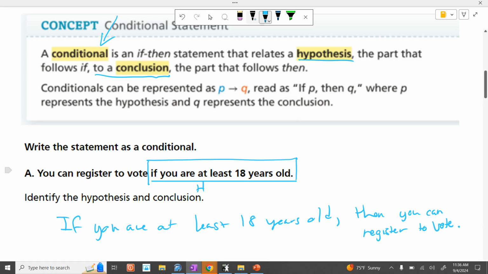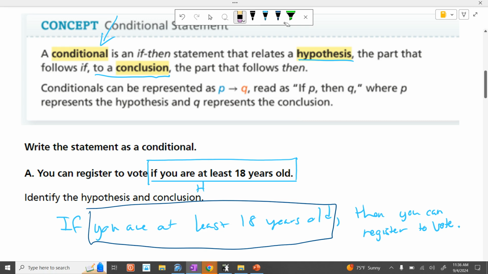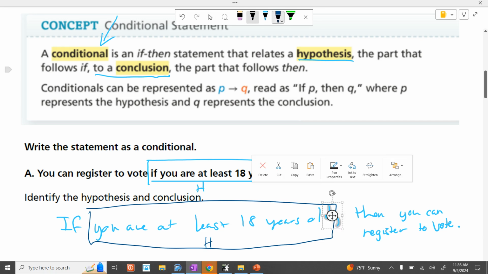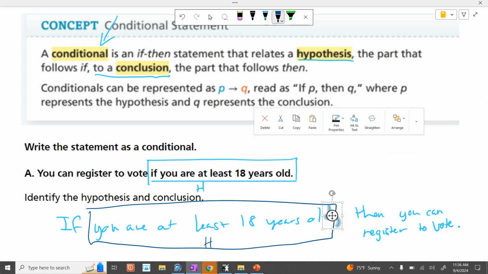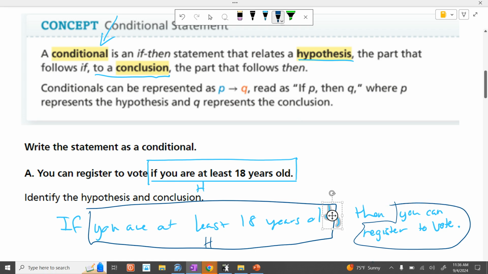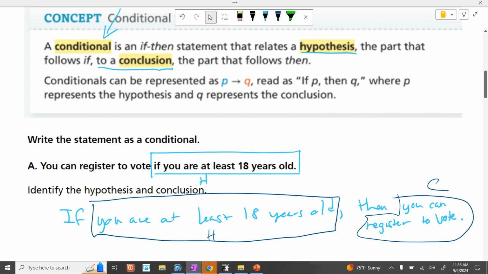Okay? So the hypothesis is the part that follows the if. So this is the hypothesis. And your conclusion would be you can register to vote.